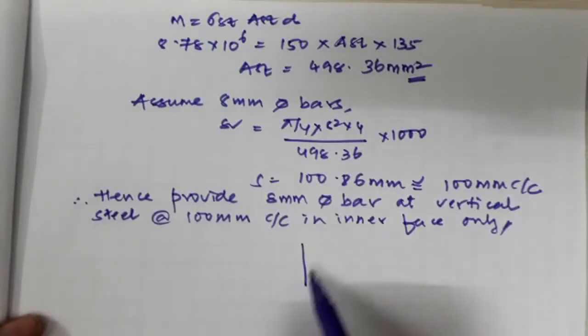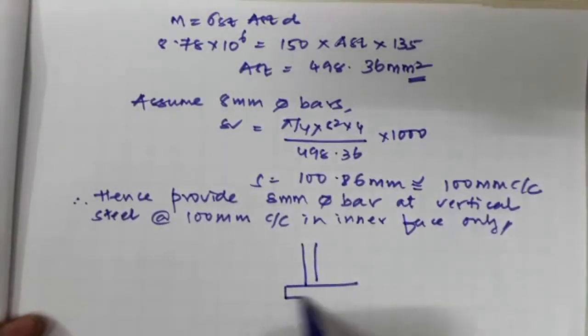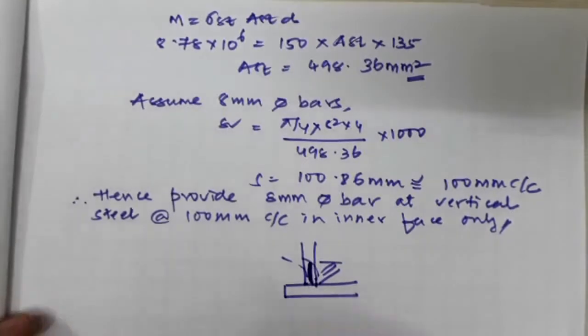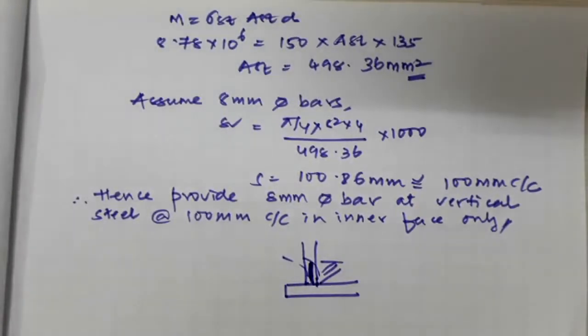If your wall is like this, so this is the slab, the wall will behave as a cantilever up to this height only. So we are providing the bars only in one face, that is inner face, at 100 mm center to center.